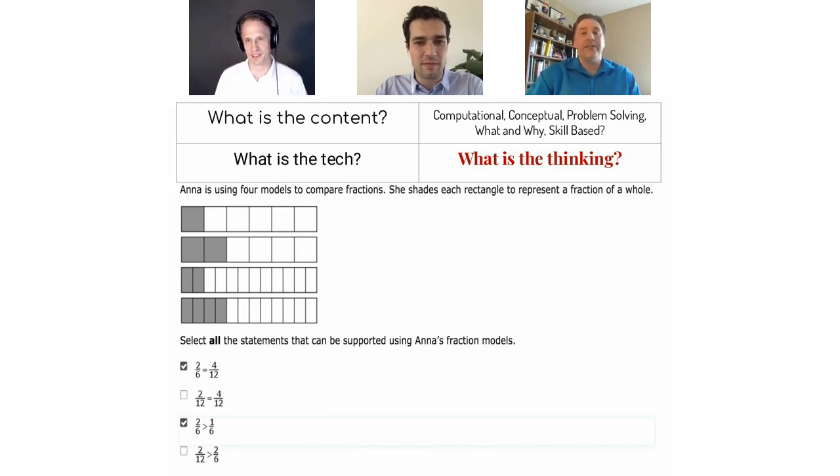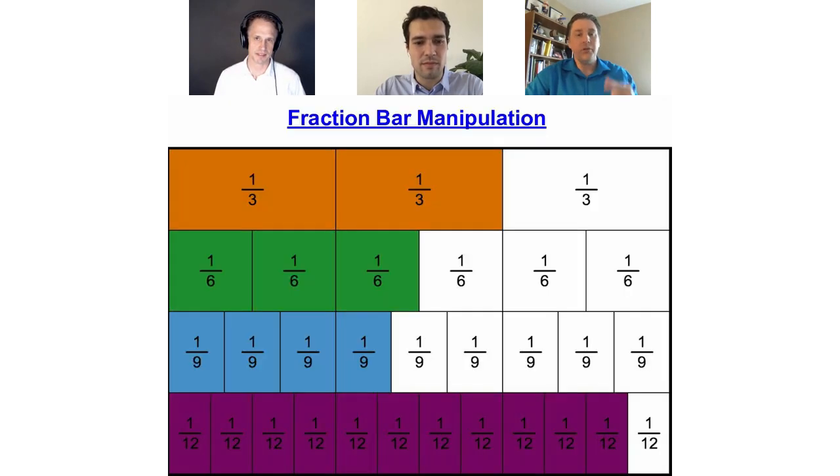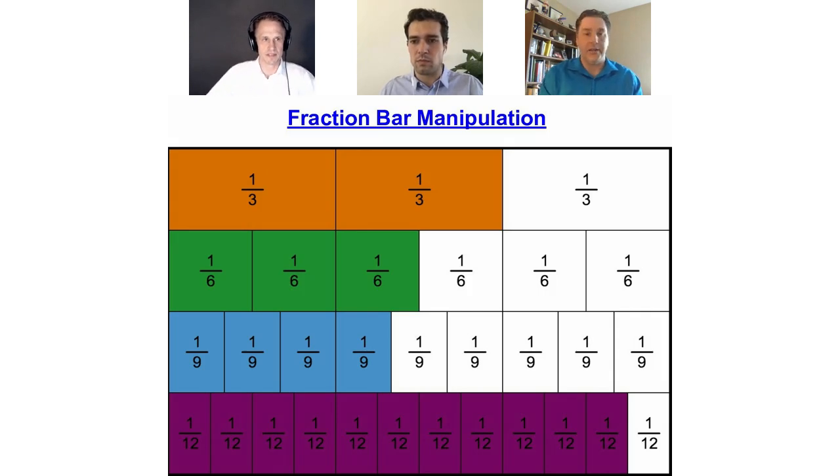So you're like, okay, great. So now that I have this kind of thinking and it's visual analysis, it's comparative, what do I do about it? So in this particular place, there is a website that actually comes from Math Playground where you can manipulate 5 different fraction bars all the way up to 1/20th.